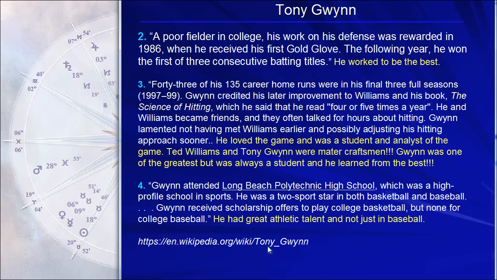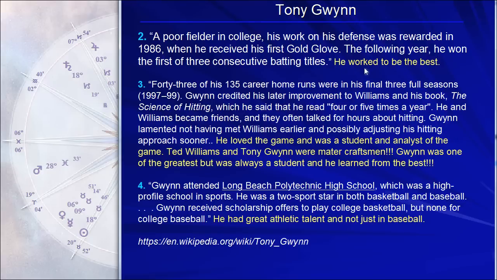Now, here's some quotes from Wikipedia. This just amazed me because I'm expecting this, and they describe exactly what I'm expecting based on the nature of the 35th harmonic. It says, a poor fielder in college, his work on his defense was rewarded in 1986 when he received his first Gold Glove. The following year, he won the first of 3 consecutive batting titles.